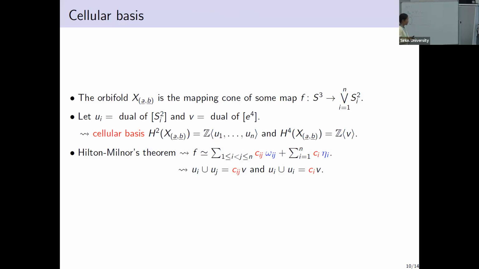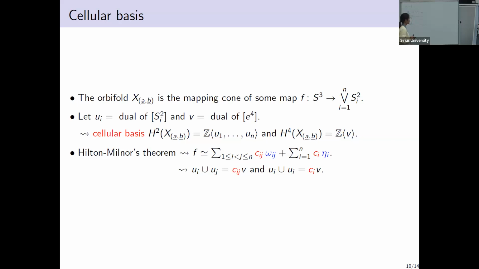In this case, we can apply the long exact sequence of the cofibration to get Ui, denoting the dual of the ith copy of the two-dimensional sphere, and V is the basis given by the four-cell. So we obtain a cellular basis for describing the cohomology of this space.